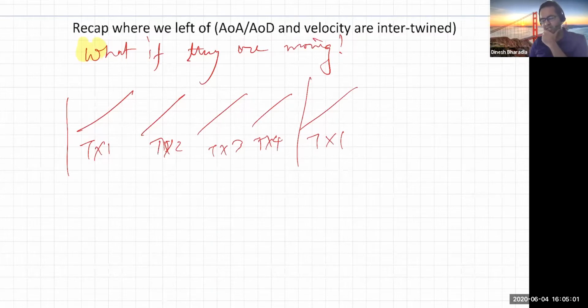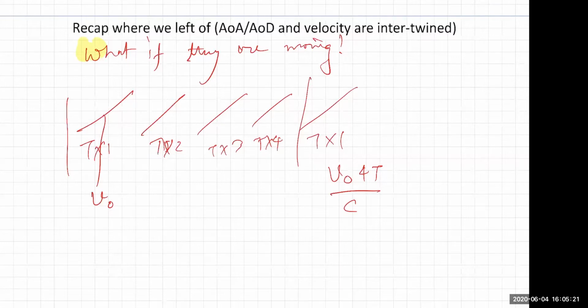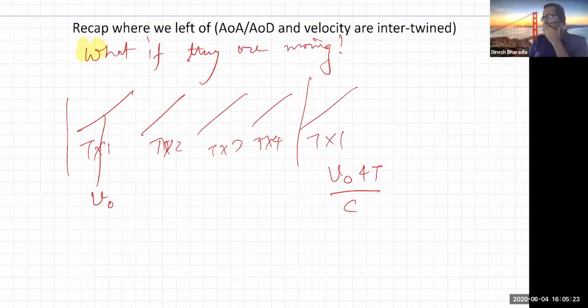So this person will start at v naught velocity here. It will be at v naught times 4t over c here, for example. Make sense, Keshav? Now, how would you compensate for velocity?